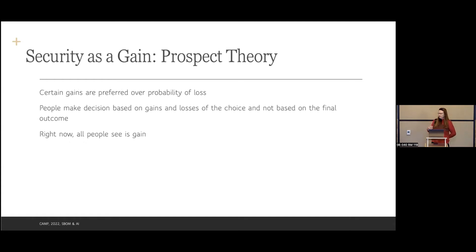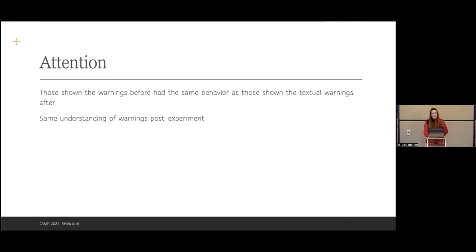But does that mean fewer dependencies? Would you rather have a piece of code that's written with a lot of dependencies on known, tested, secure software, or something that a master student wrote from soup to nuts last week? I personally know the answer to that. So right now, all people see is gain.